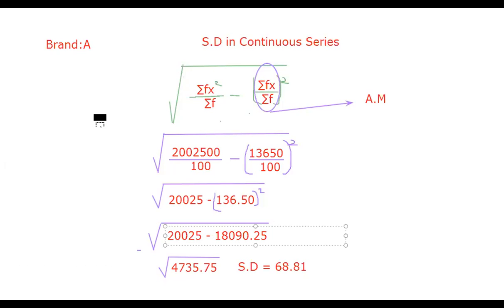Are you all there, guys? Yes, sir. 136.5 into 136.5 gives 18,632.25. Okay. Now we need to subtract this value, 20,025 minus 18,632.25. So what is our value? That is 1,392.75.